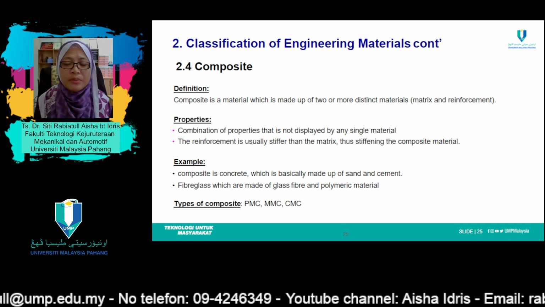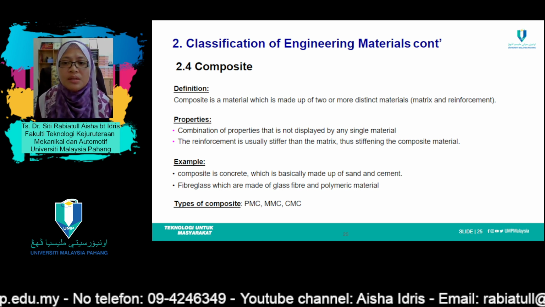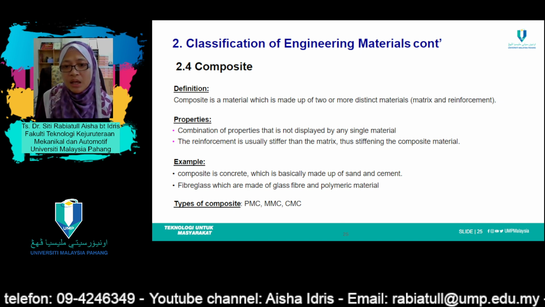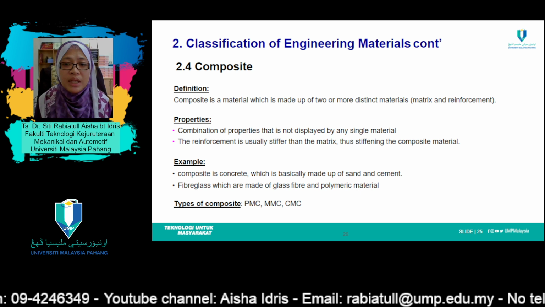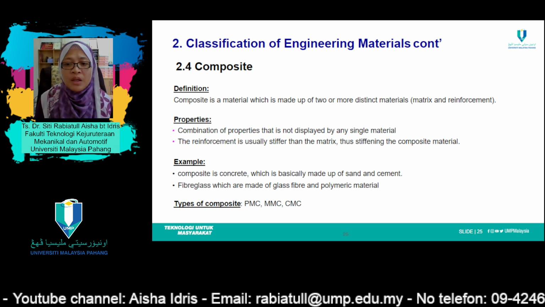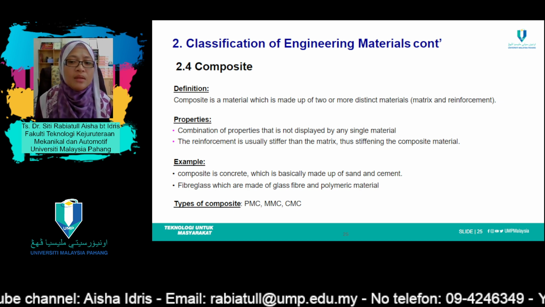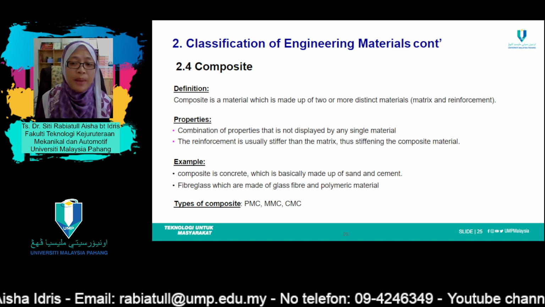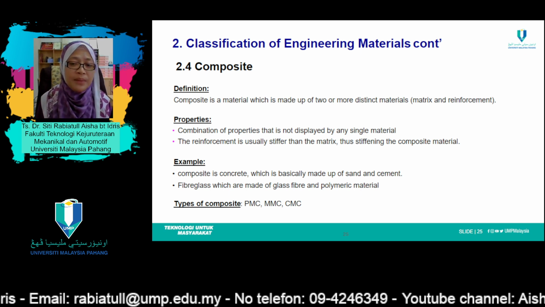And the reinforcement is usually stiffer than the matrix, thus stiffening the composite materials. Example of product like composite, concrete or fiberglass. And for composite, there are types of composite that can be found in the market like PMC, MMC, and CMC. All right.